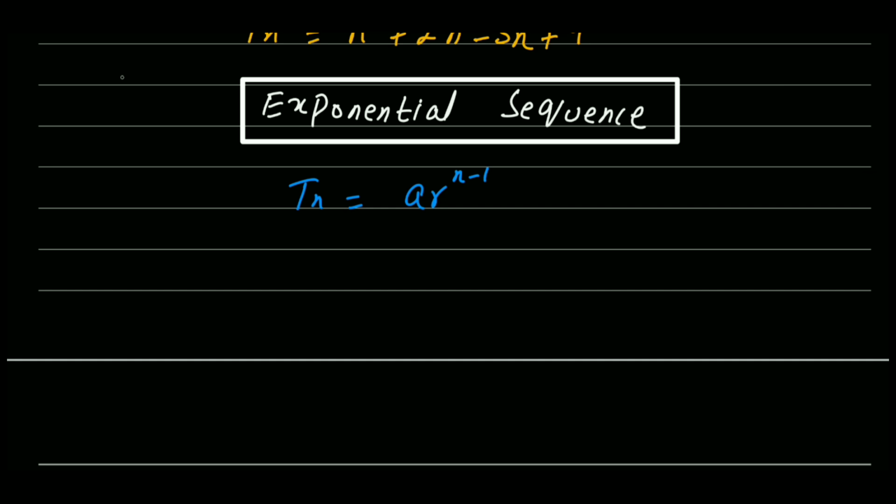So let's do some questions of this sequence. Sequence is 1, 2, 4, 8. So what will be common in this sequence, that they will have a common ratio.